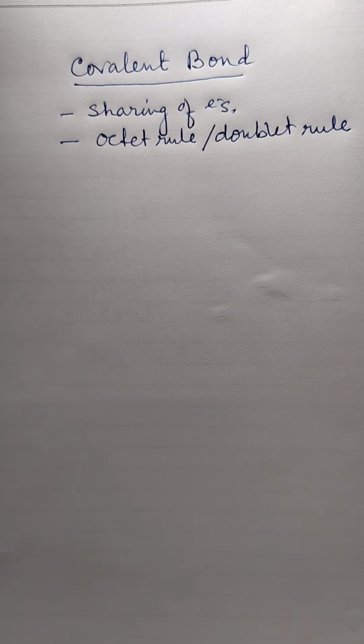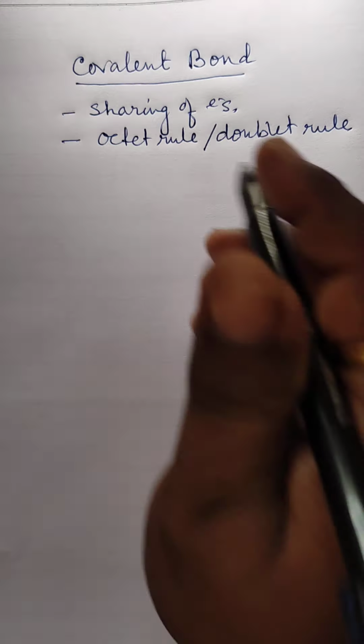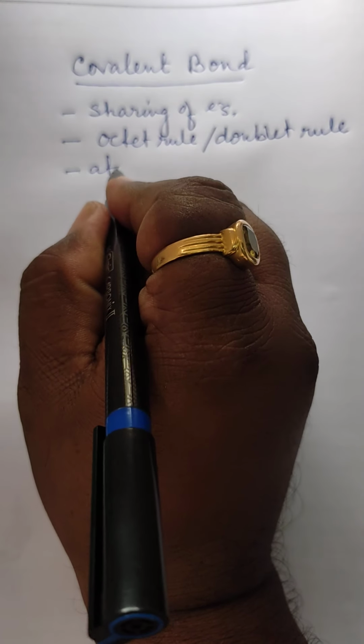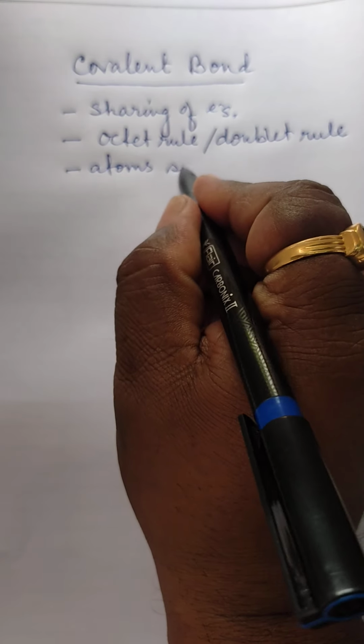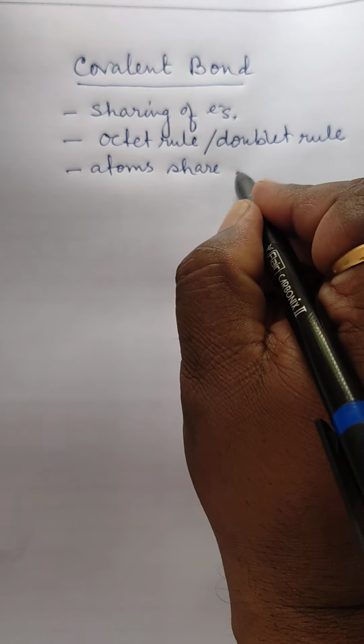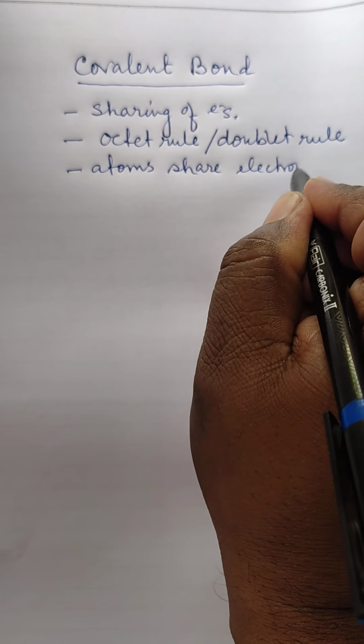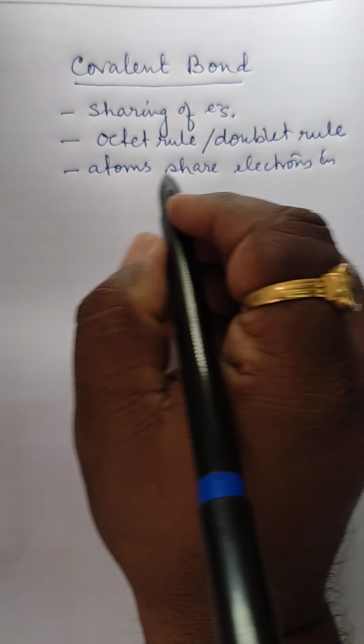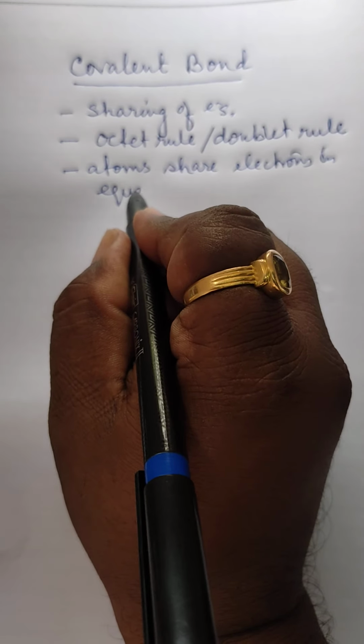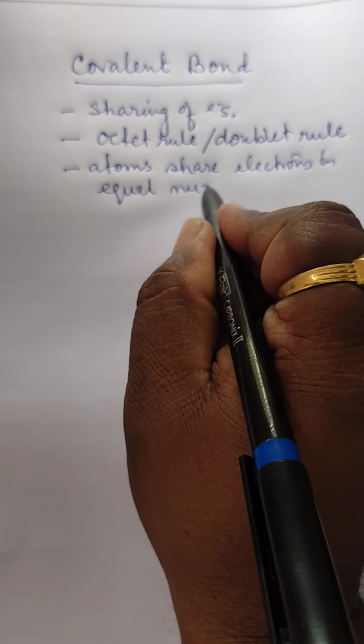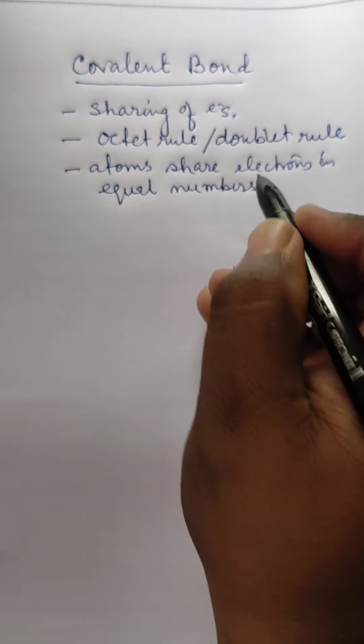Now we are going to discuss the first type of covalent bond. If you want to write down the definition of covalent bond, just write it down. It is a type of chemical bond formed when atoms share electrons in equal numbers.